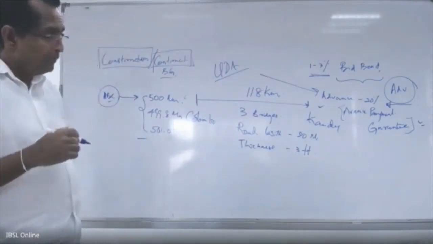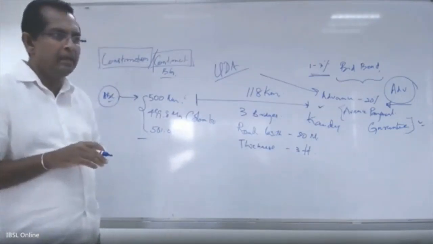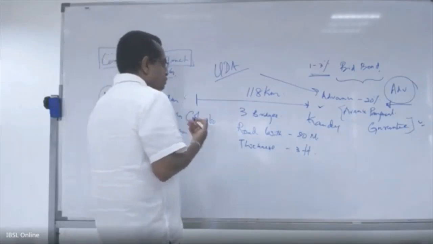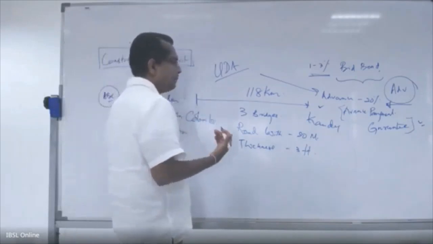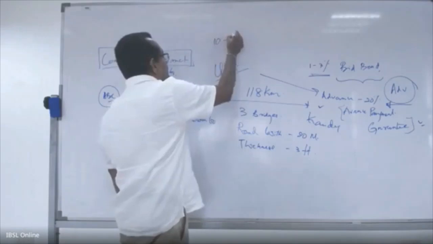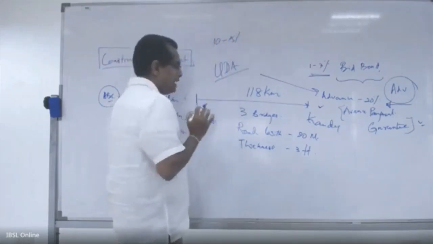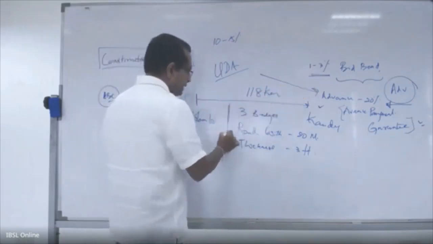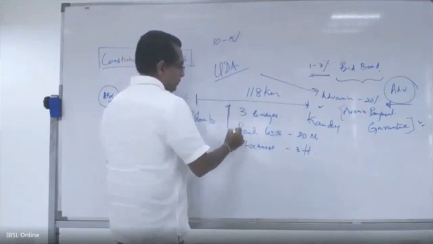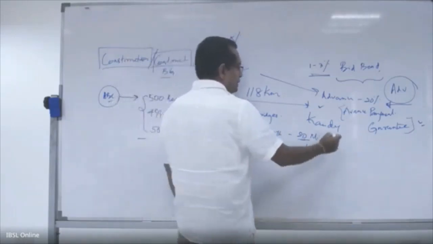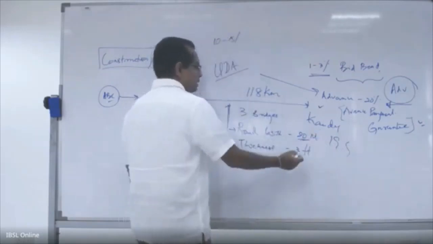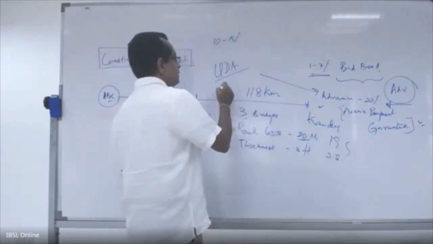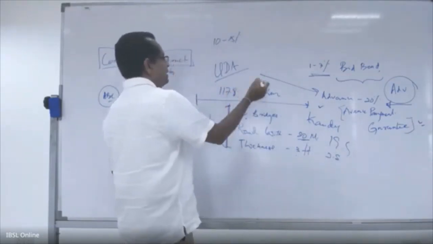Then you need another guarantee from a bank called a performance guarantee. That is, the bank has to give a guarantee, some sort of a compensation, normally 10 to 15% of the contract value, saying my customer will build the road as per your specification. It is not 19.9, it is 23 feet, it is not 2.8, it is 3 feet, 3 bridges, it is not 117.8, it is 18.